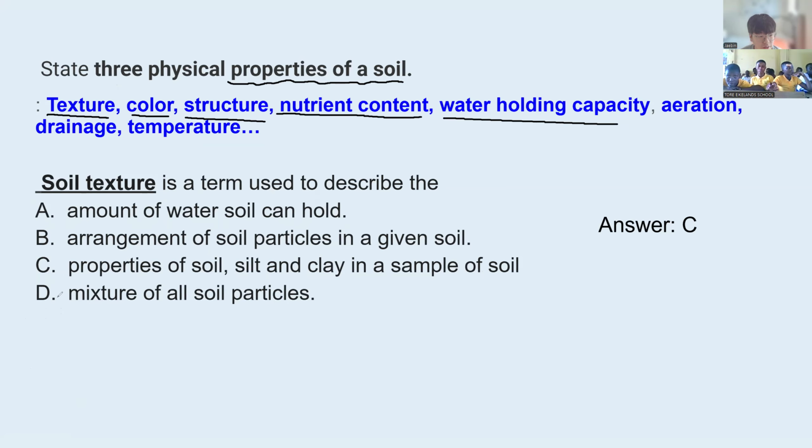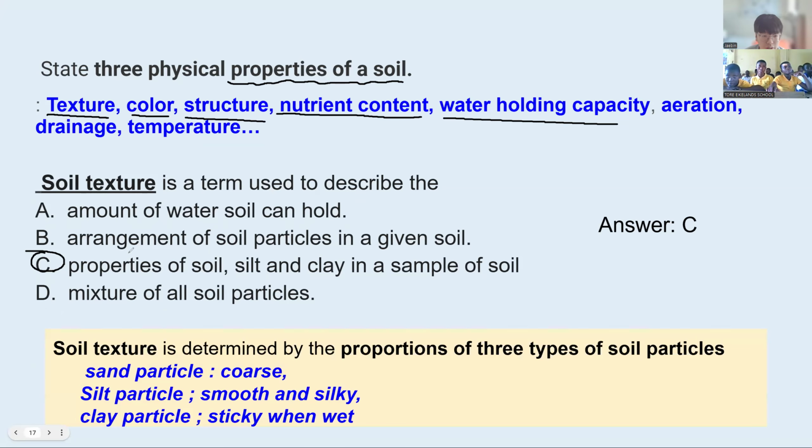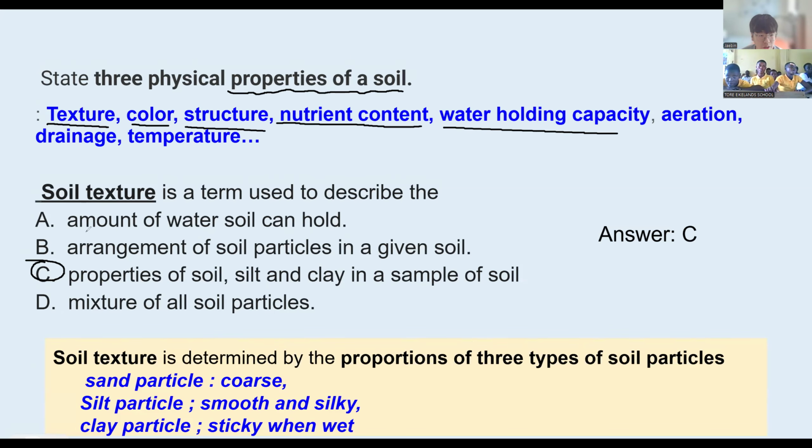It's not the other options because the amount of water is not the soil texture. It's not related. Arrangement of soil particles, it's not really about the arrangement. But C, yeah, it is a property of a soil.